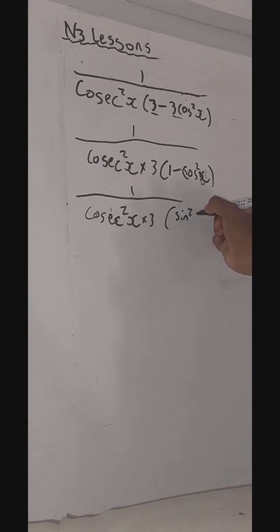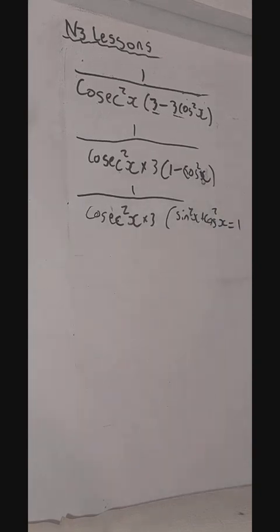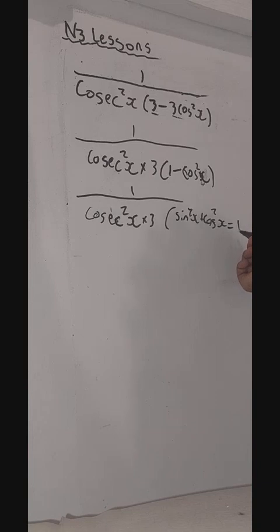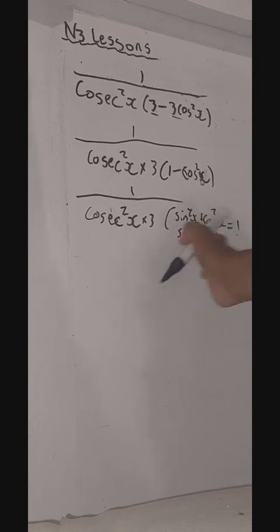Sine squared x plus cos squared x is equal to 1, right? If you want to solve for sine, we're going to say sine squared x is equal to 1 minus cos squared x, from those formulas.